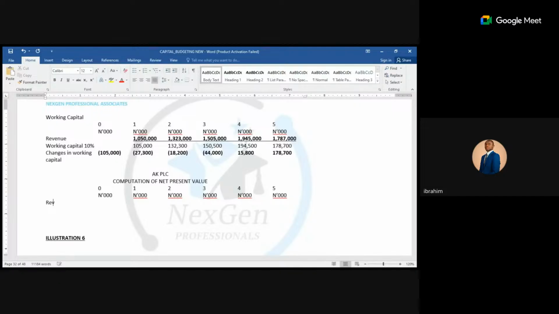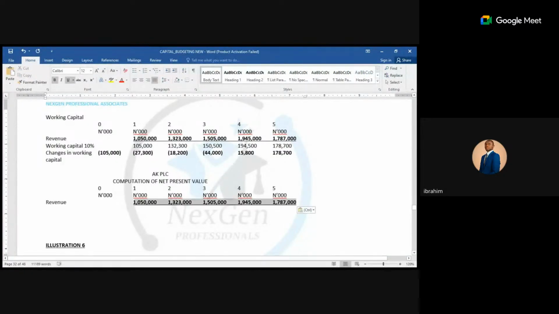So we can have here revenue, right? So we have revenue. Let me copy this, right? So after the revenue, we have the variable costs.